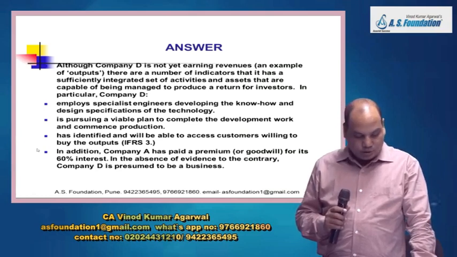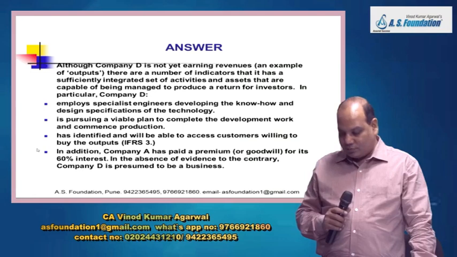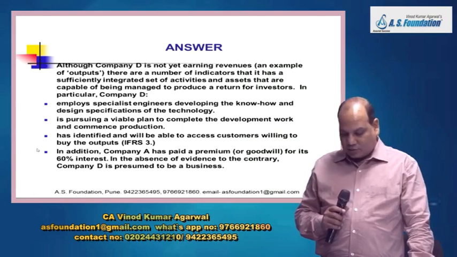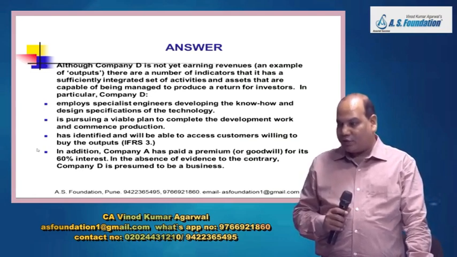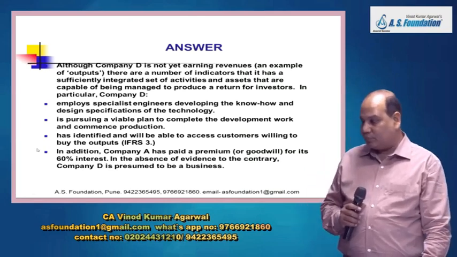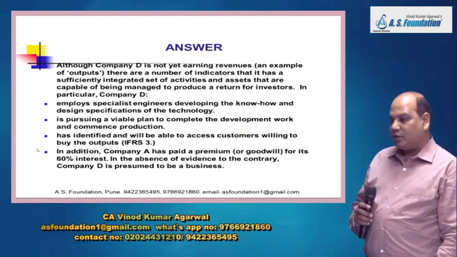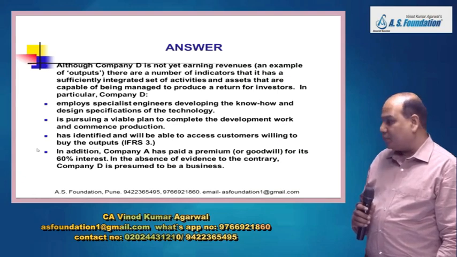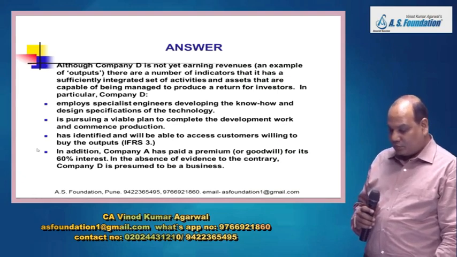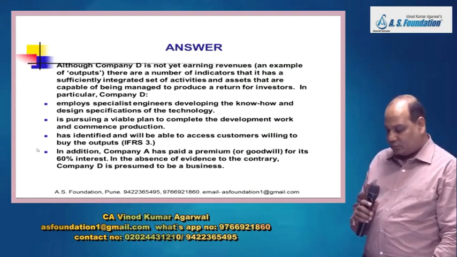Now write down one more line. In addition, company A has paid a premium for its 60% interest. In bracket you can write goodwill.